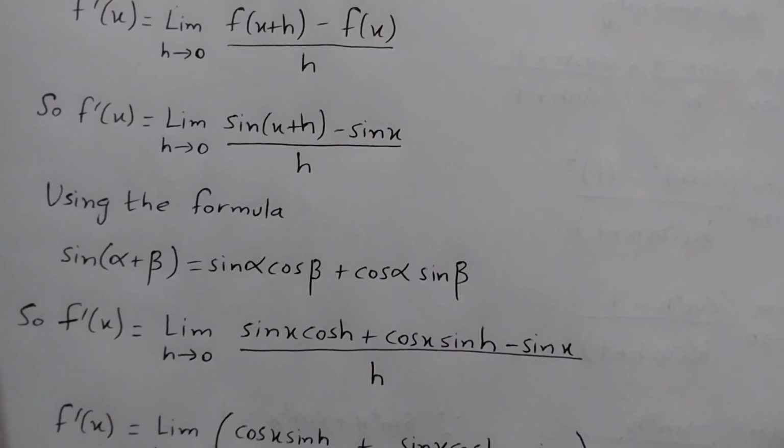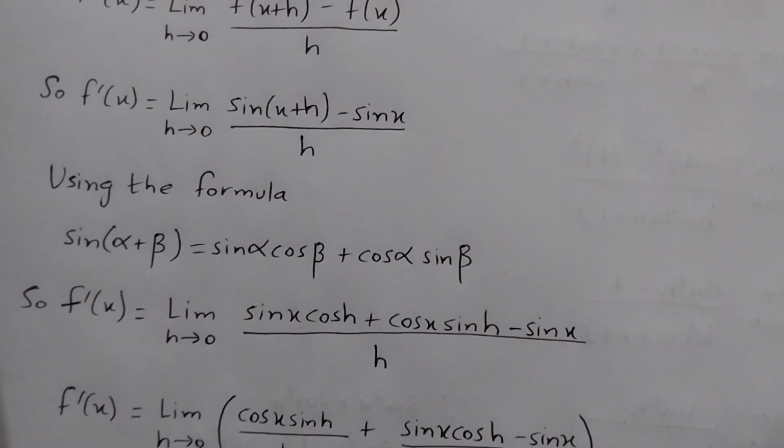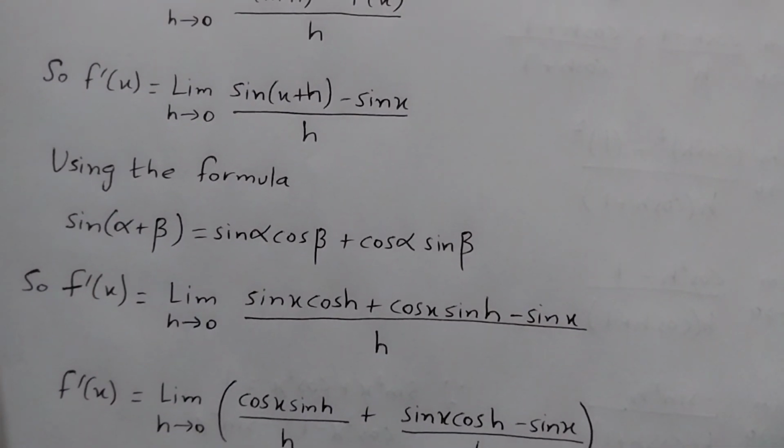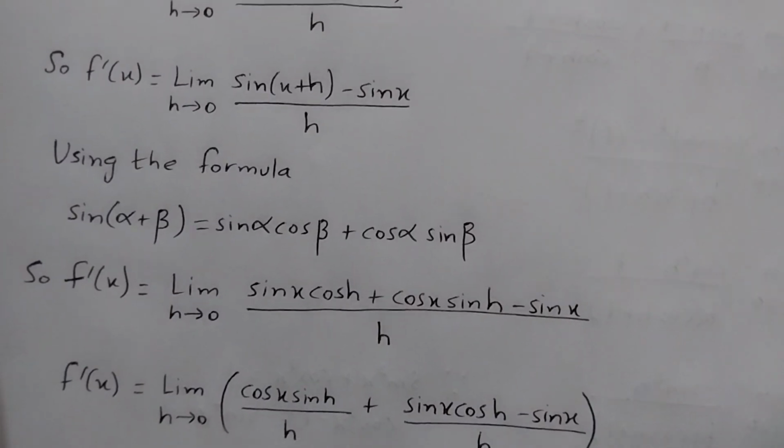So here alpha is x and beta is h. So in the numerator it will become sin of x into cos of h plus cos of x into sin of h, minus sin x will remain as it is in the numerator divided by h, and we are taking the limit, and h is approaching 0.